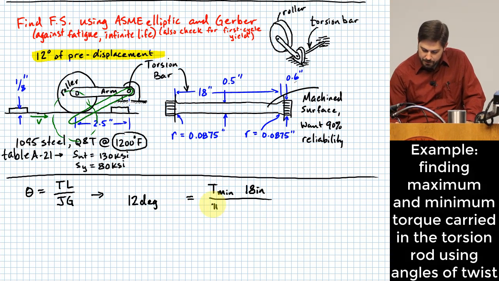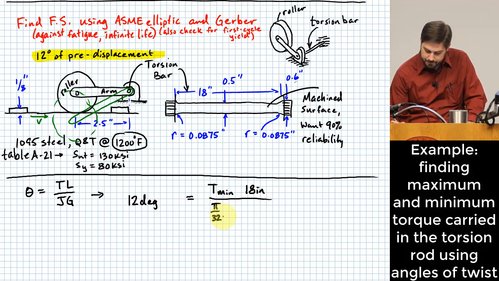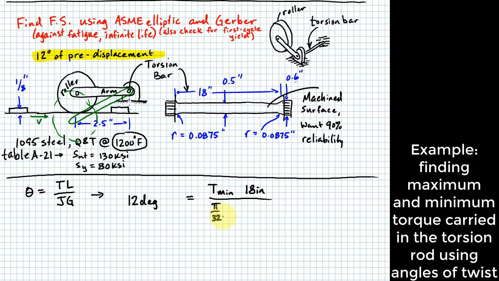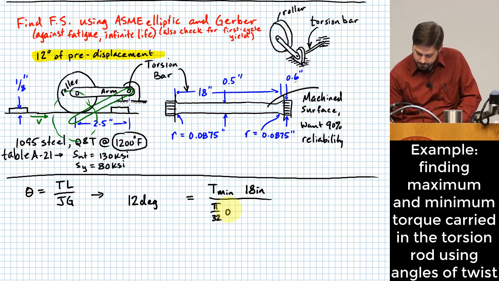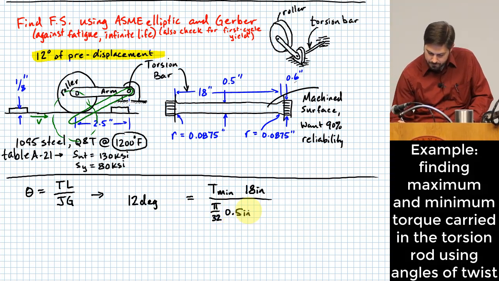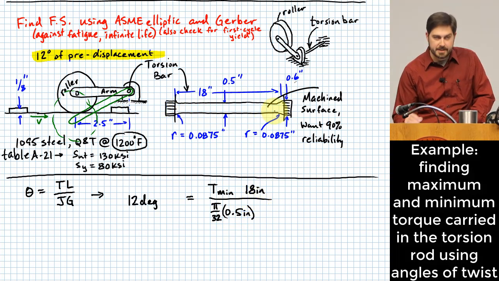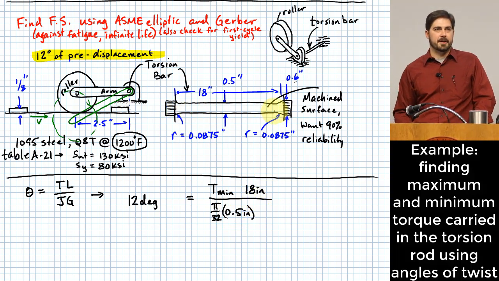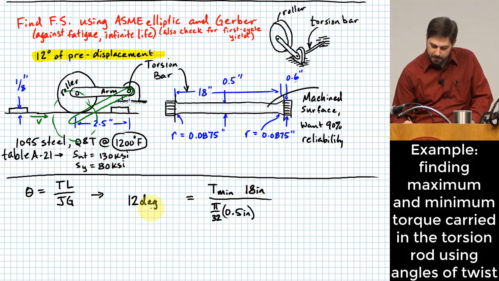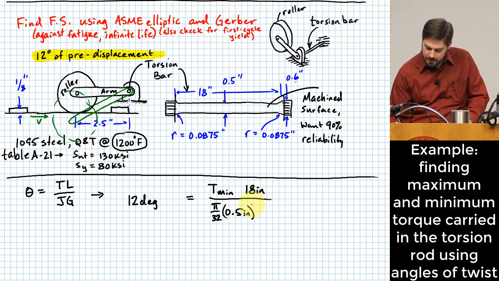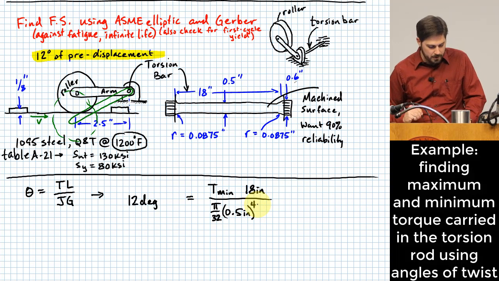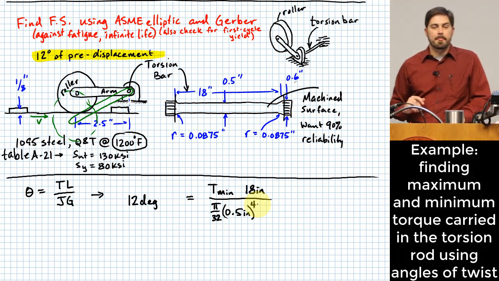J is pi over 32 times d to the 4th. And we're just going to estimate that D, we're going to sort of ignore the fact that the ends get a little bit bigger. That's not uncommon to do. Probably makes a very small amount of difference. And it's that to the fourth. Then what?